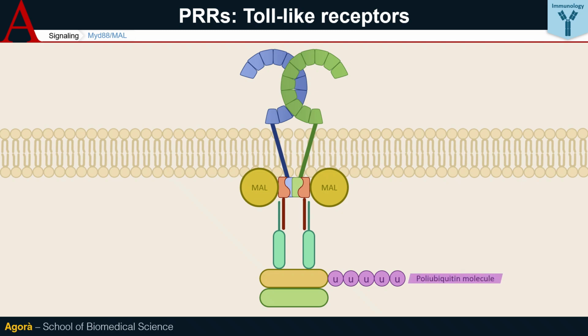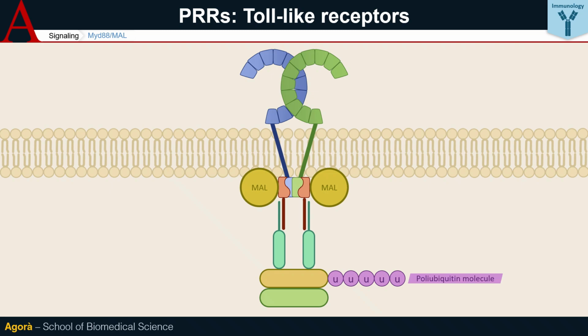In this scenario, the E2 ubiquitin ligase is UBC13, ubiquitin conjugating enzyme 13, working in tandem with its cofactor UEV1A, collectively termed TRIKA1, TRAF6 regulated IKK activator 1.